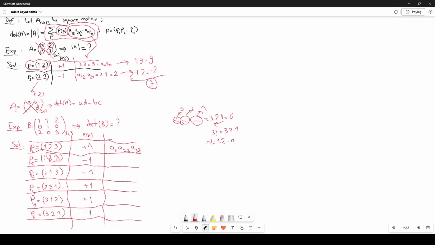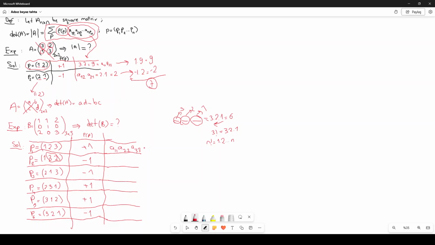I just put the values in the formula. In the definition of the determinant, we have p1, p2, pn, and these values correspond to the values in the permutation. So in the first permutation, p1 is 1, p2 is 2, and p3 is 3. These are just positions, right? These are the elements that correspond to those positions.